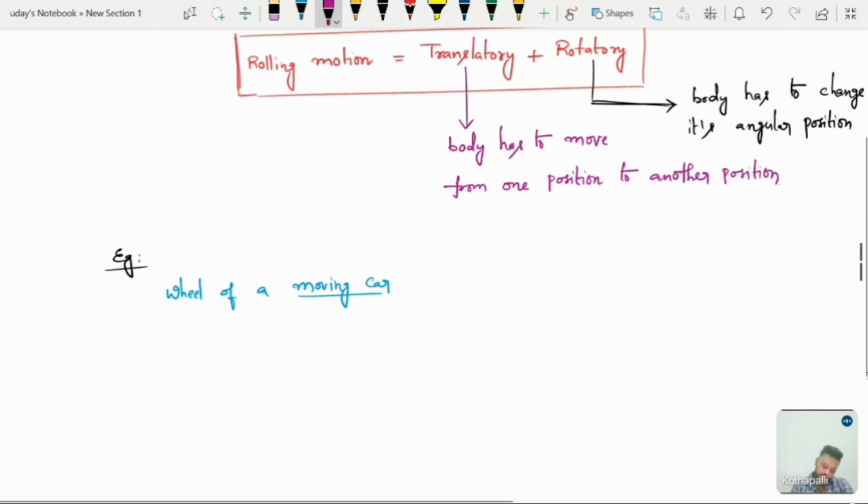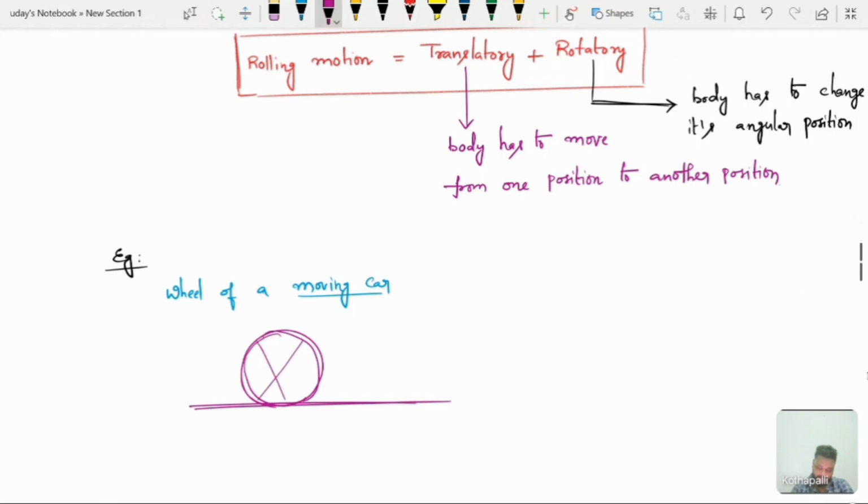That means if you take a situation like this, here this wheel will be rotating about this axis, as well as it will be going in the forward direction.